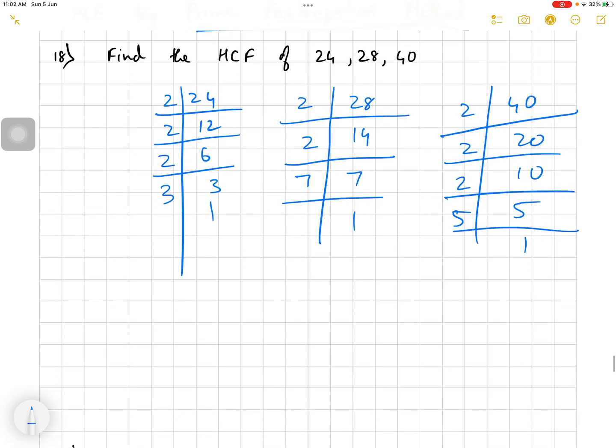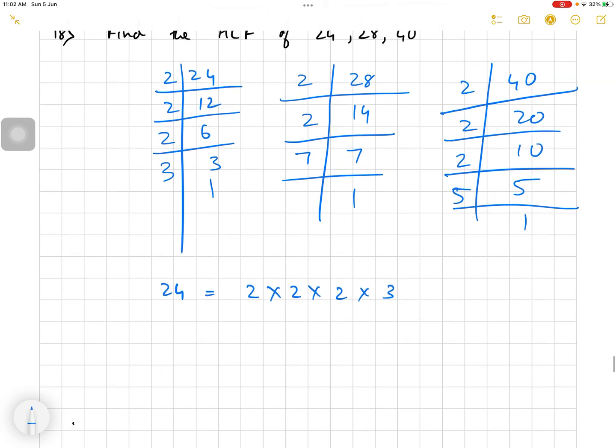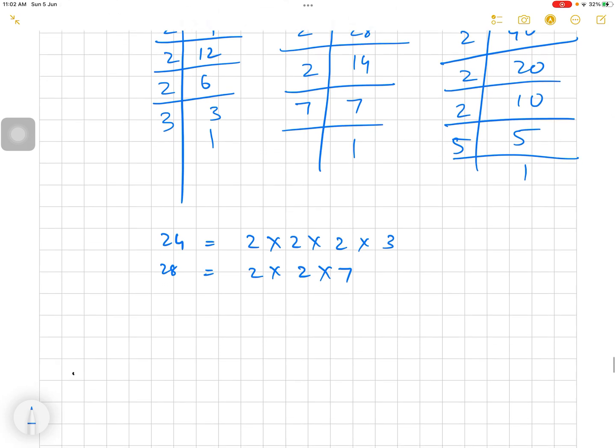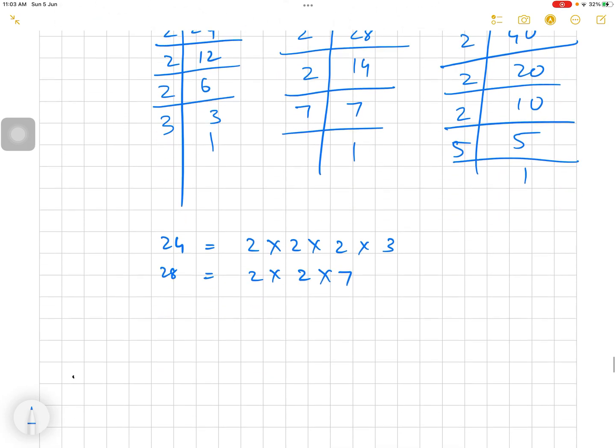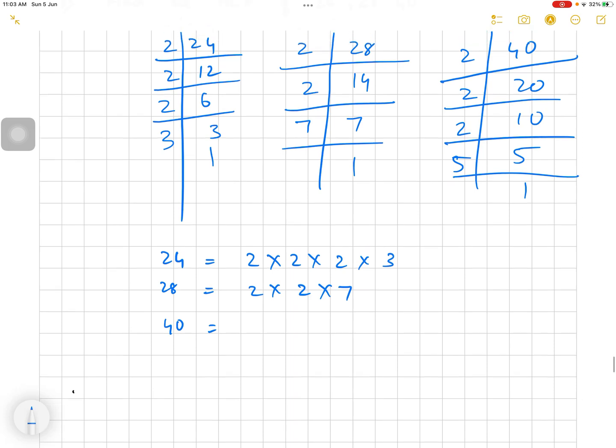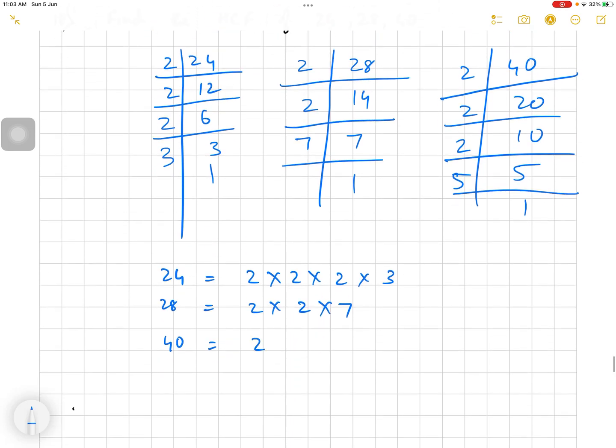Right? So for 24, I can write 2 into 2 into 2 into 3. For 28, I can write 2 into 2 into 7. And for 40, the prime factors are 2 into 2 into 2 into 5.